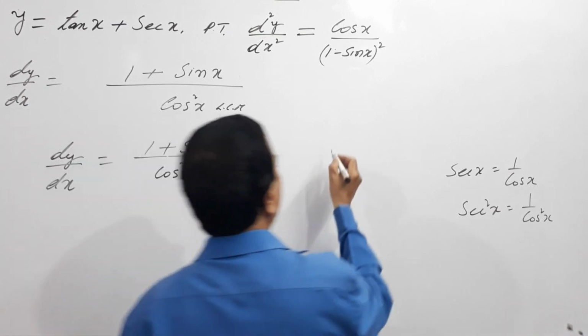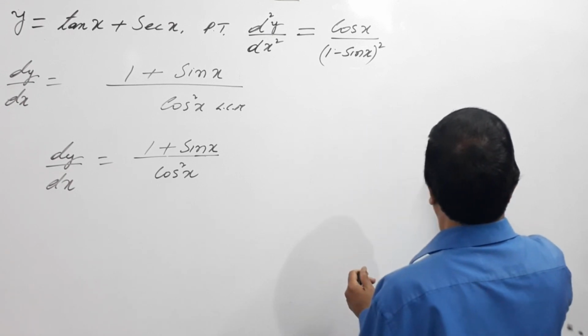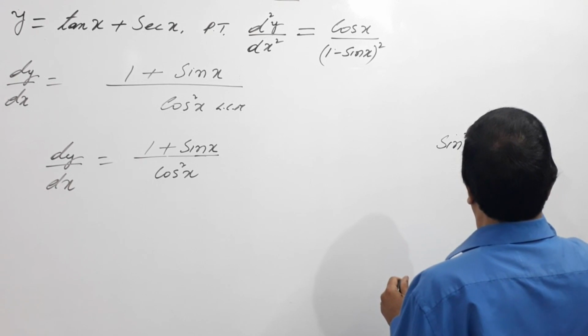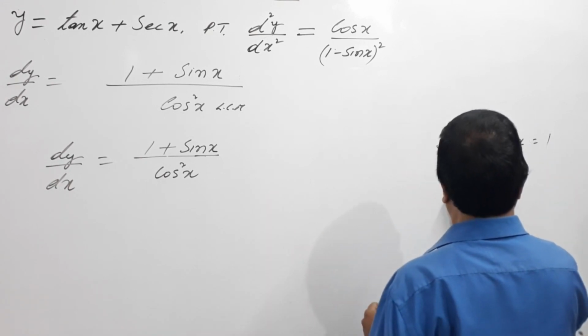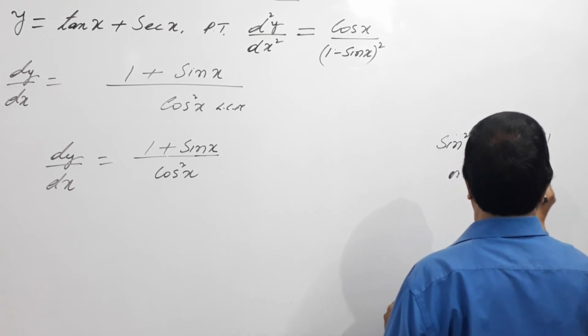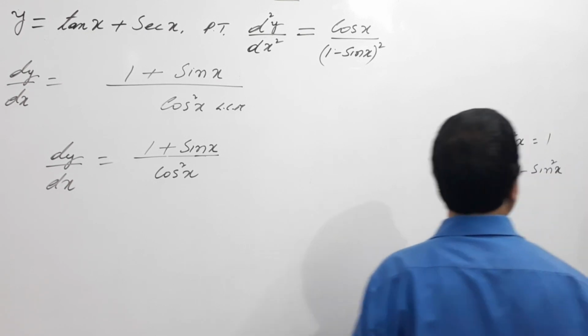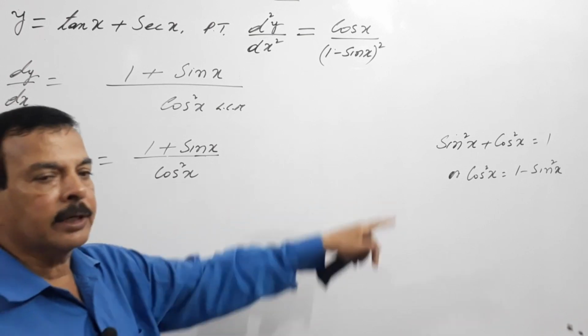We know that sin square x plus cos square x equals 1, or cos square x equals 1 minus sin square x. So I'll substitute the value of cos square x as 1 minus sin square x.